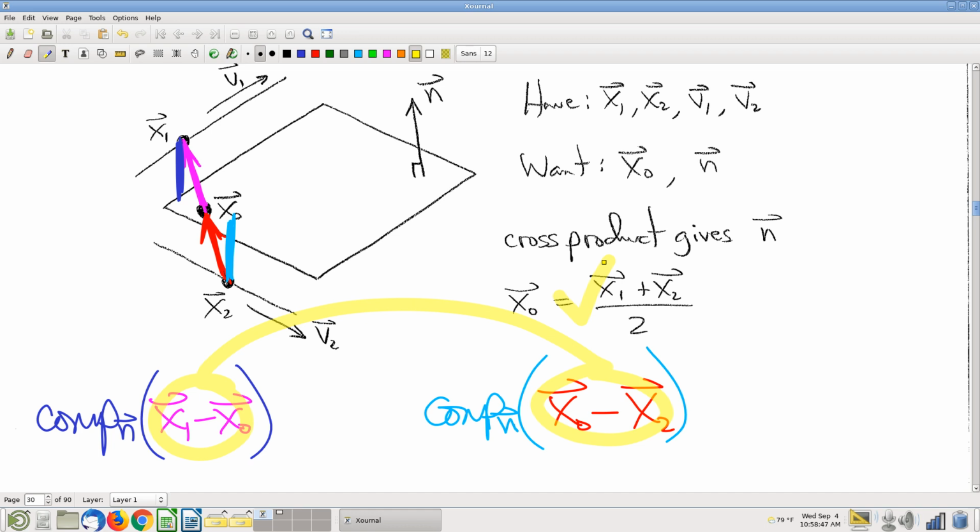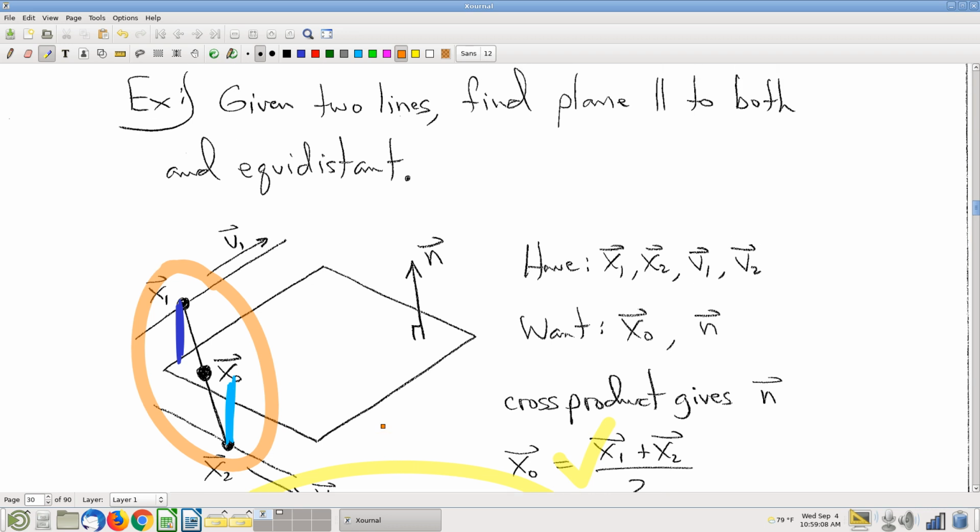But knowing that we've made this choice for x naught, you can just plain old compute both of those vectors I have circled in yellow. They are the same vectors, therefore their normal components are the same, and therefore, as desired, this distance is equal to that distance, and therefore these are equidistant.